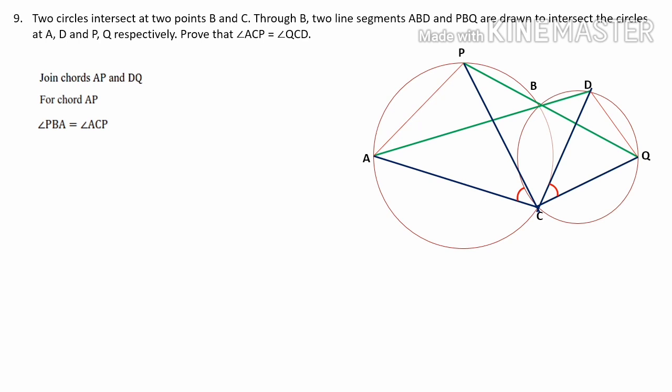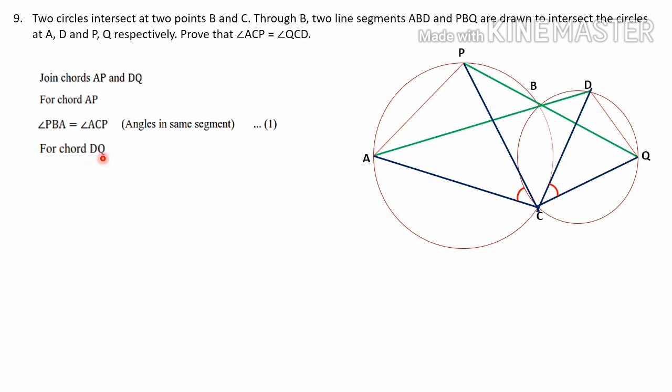You can see here PBA, starting from P going to the circumference at B and coming back to A. Again ACP, starting from A going to the circumference at C and coming back to P. Same starting and ending points, and on the same segment as well. So angle PBA and angle ACP are equal because they are angles in the same segment. Label it as equation number 1.